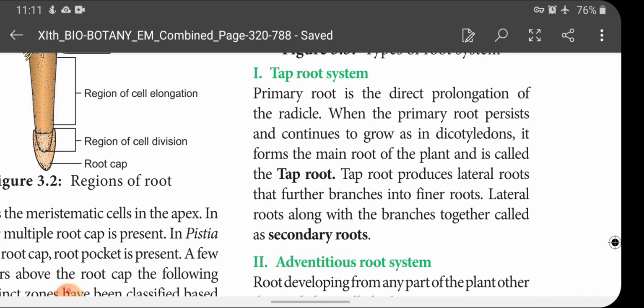When the primary root persists and continues to grow as in dicotyledons, it forms the main root of the plant and is called taproot. Taproot produces lateral roots that further branch into finer roots, and the lateral roots along with their branches are together called secondary roots.